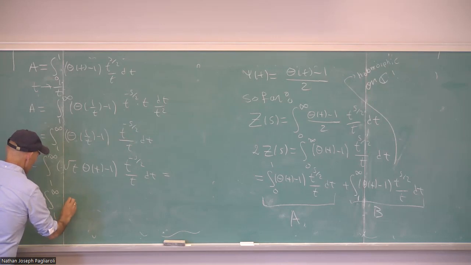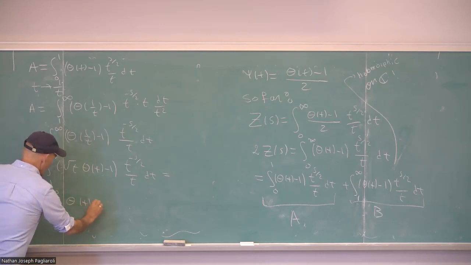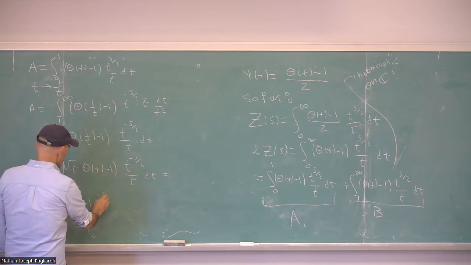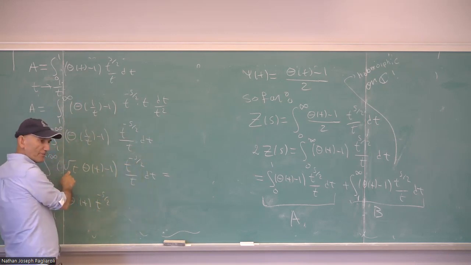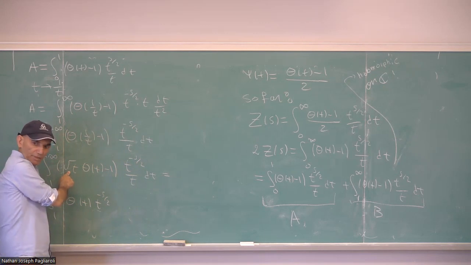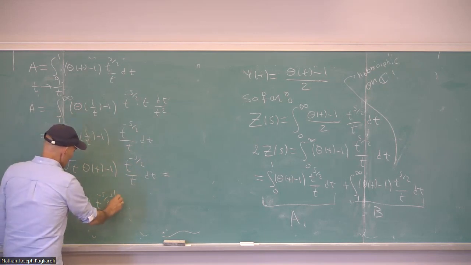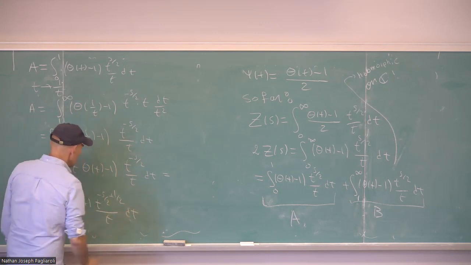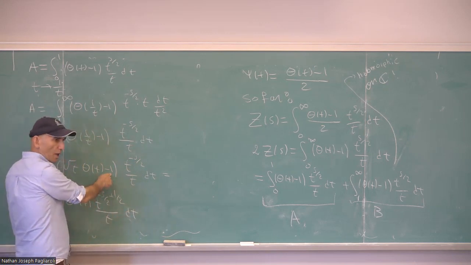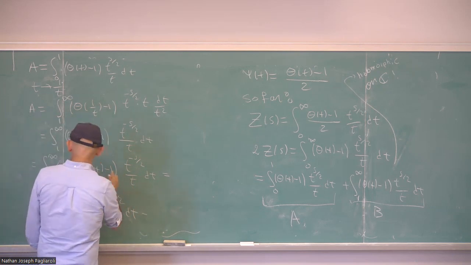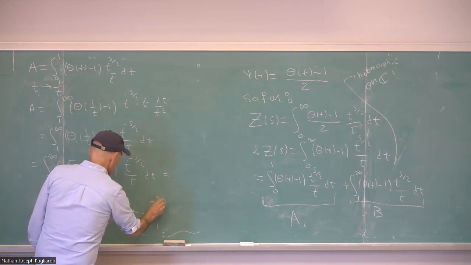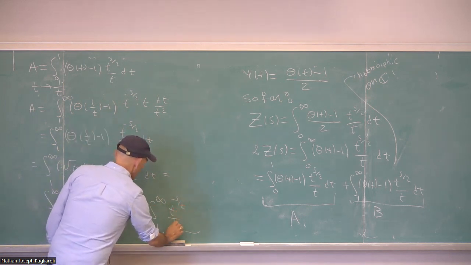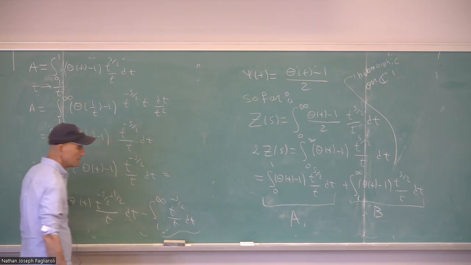I'm going to get theta of t times t to the power minus s over 2 plus half here, a factor of half here, divided by t dt. And then there is this part, minus the integral from 1 to infinity of t to the power minus s over 2 over t dt.